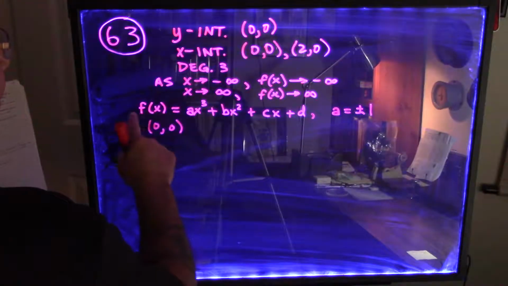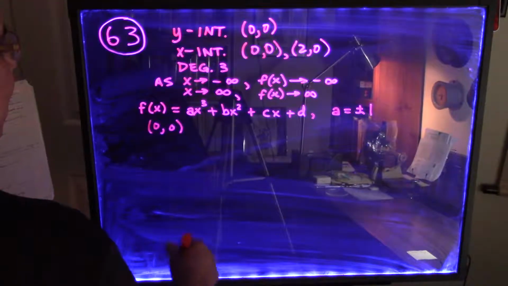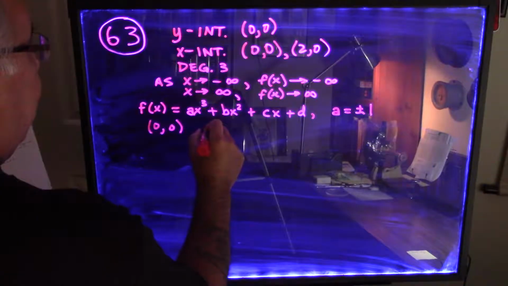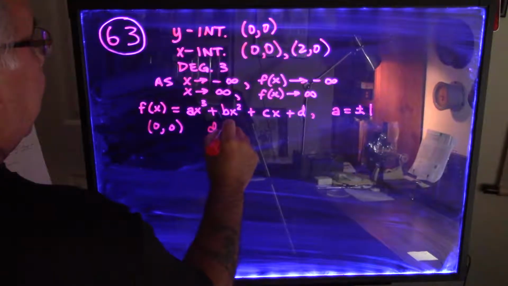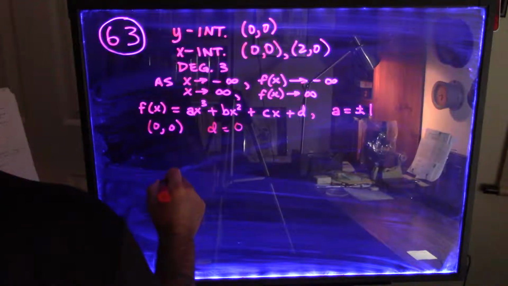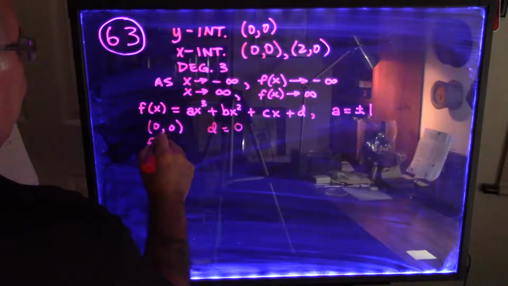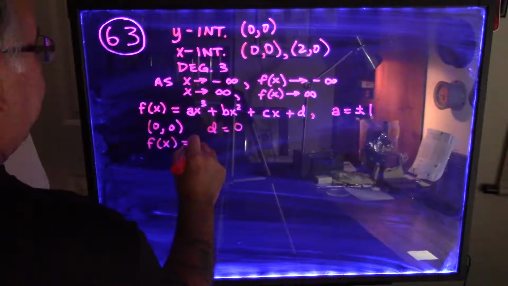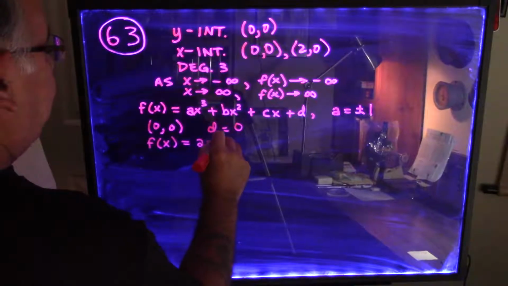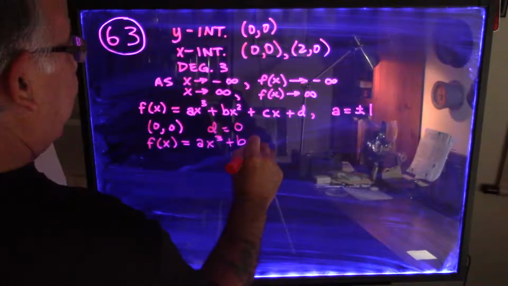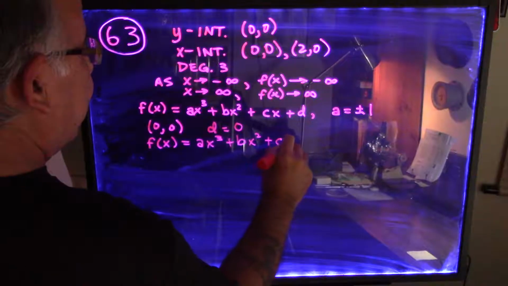So in order for f of 0 to equal 0, d must be 0. So d equals 0. So now we know so far that f of x equals ax cubed plus bx squared plus cx.